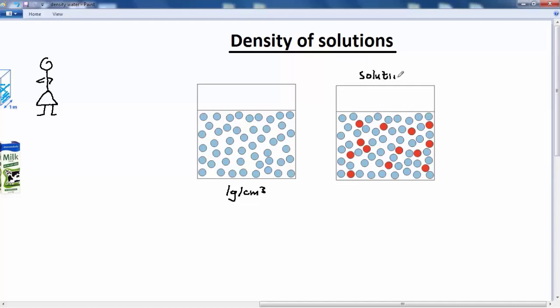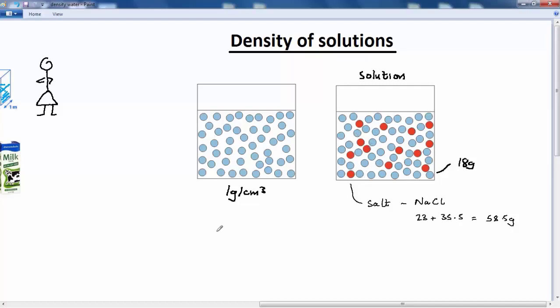For example, if this were salt, and these symbolically represent the salt particles, the molecular mass of the water molecule is 18 grams, whereas the molecular mass of a particle of salt, or sodium chloride, is 58.5 grams. So you're adding heavier particles to the water, and as a result the average mass of the solution per given volume increases, so its density is going to be greater.